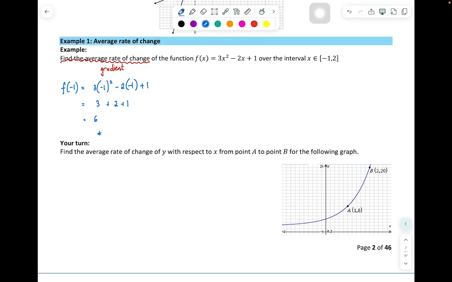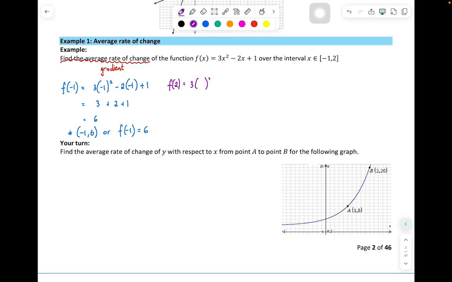You can rewrite this in coordinate form if you prefer, or you can rewrite it as f of -1 equals 6. This is in function notation here. It's good to know both because that helps you become more flexible when you see the formats in different styles.